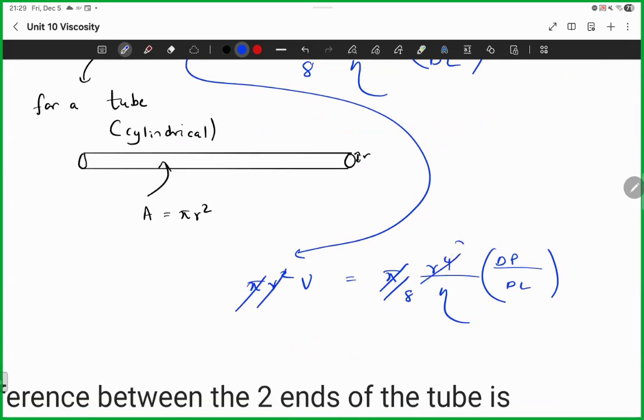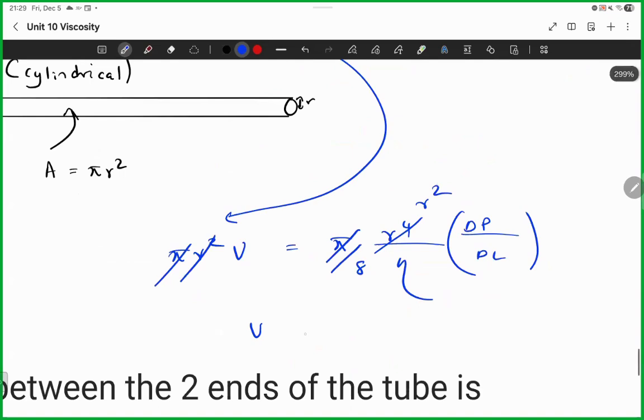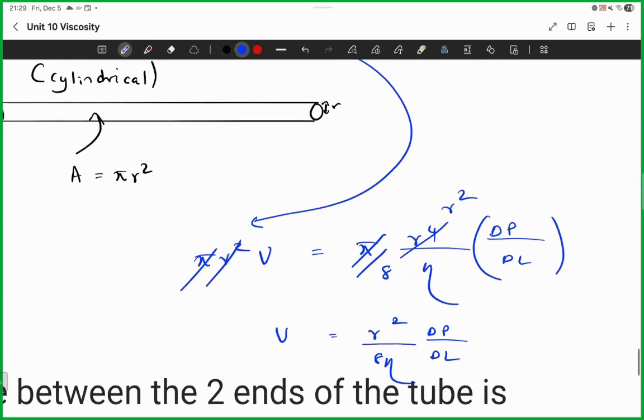And this cancels off, so r to the power 2. Which means what? Velocity equals r to the power 2 over 8 eta, delta p over delta L. That's a beautiful equation that we just constructed now. It's not always valid. It's valid for this kind of a shape. Right? I hope that's clear as well.